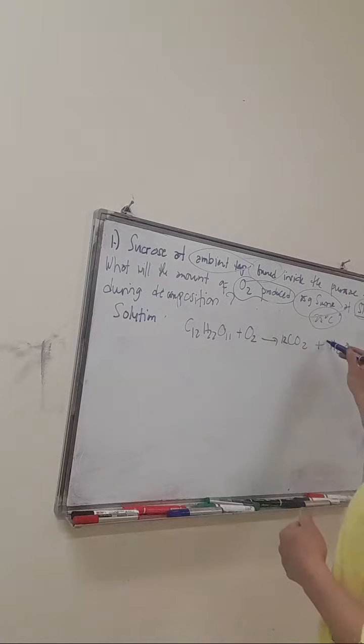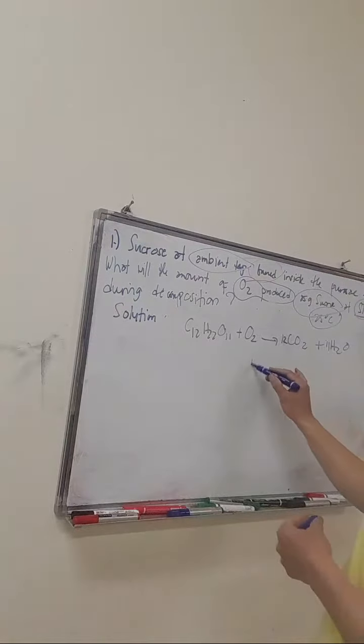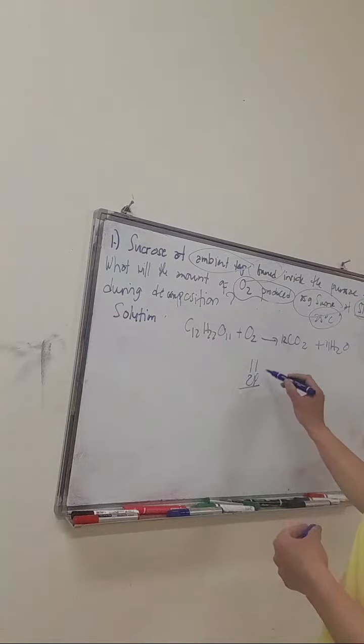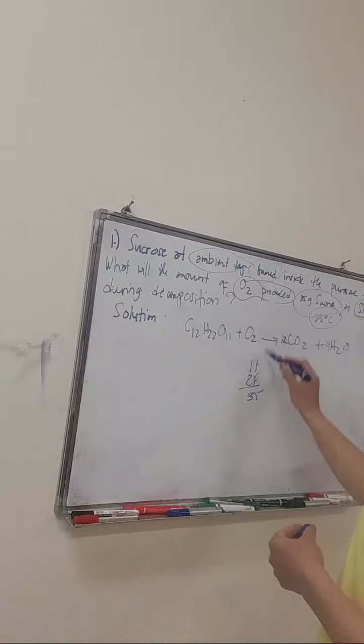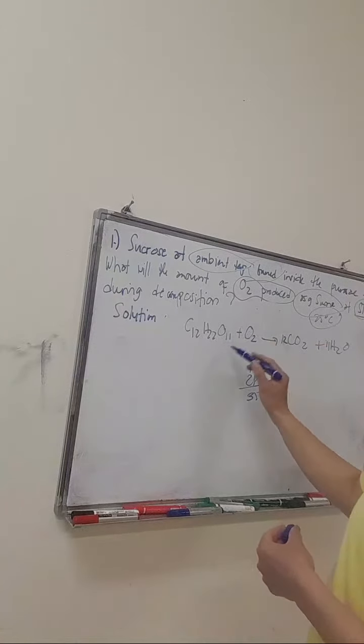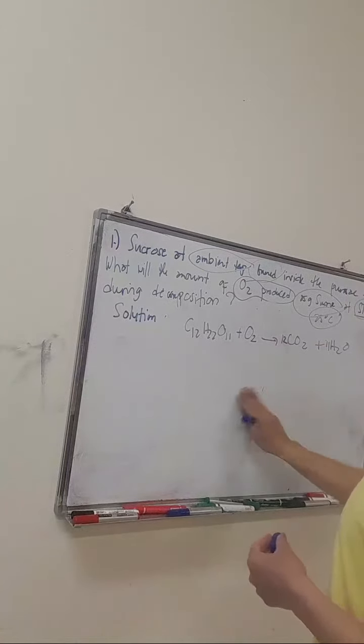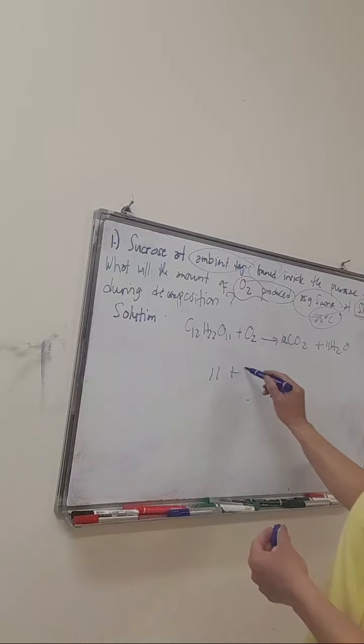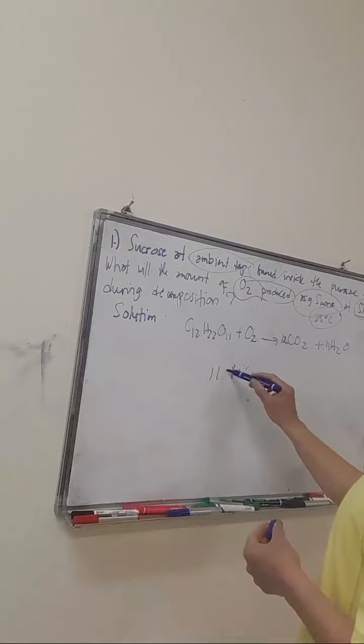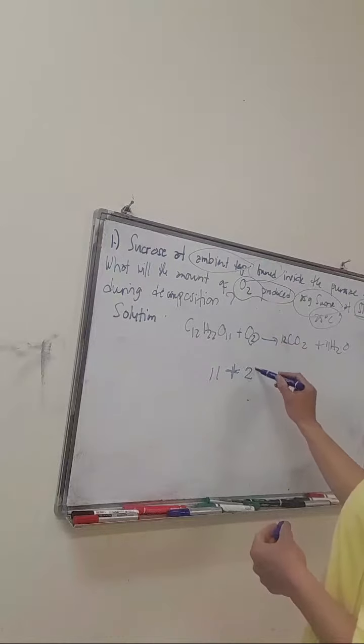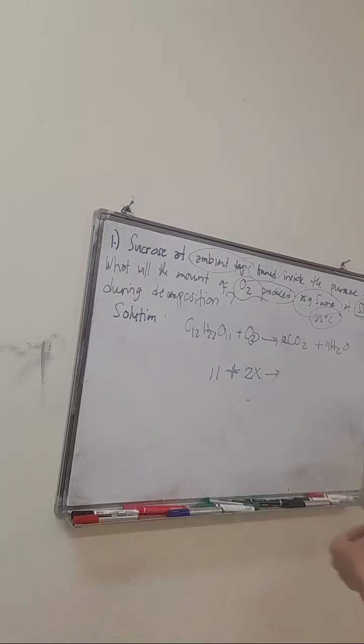Hydrogen 11, kay 22, hydrogen 22, di ba? Kanya naman kay oxygen niya 11, niya 24, 35. Kanya diri ari. So, 11 plus x, plus 2x is equals to, okay, di ba?